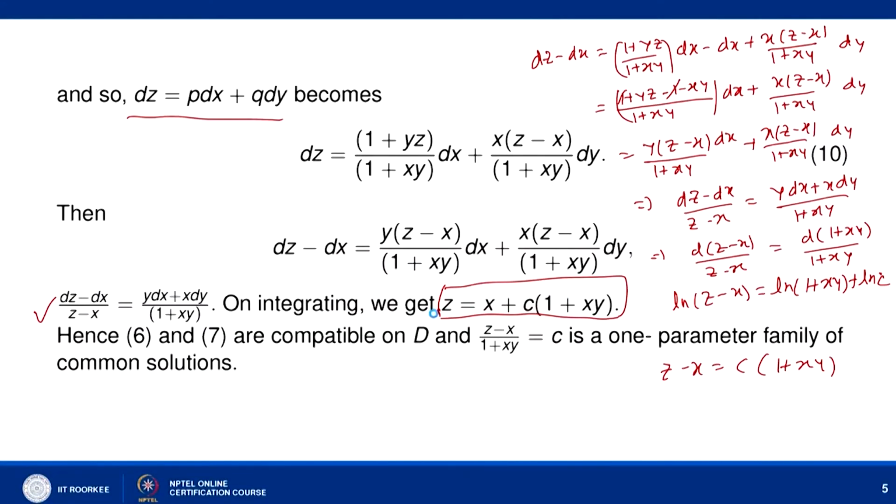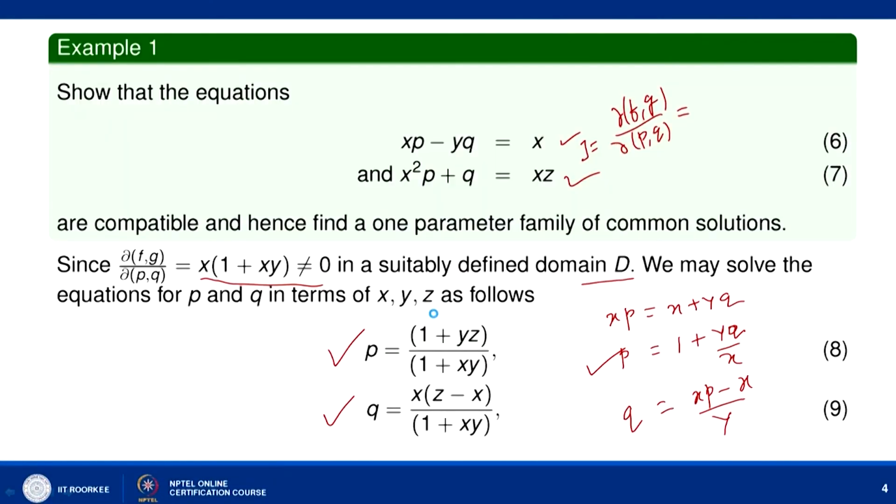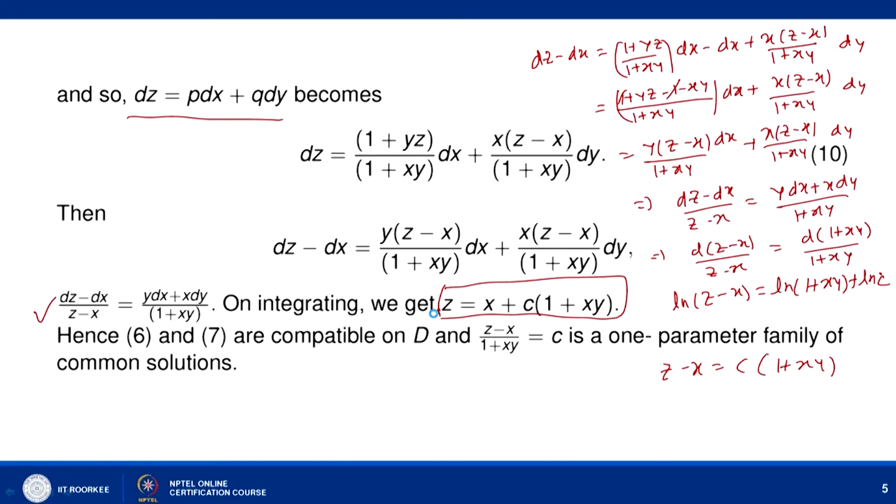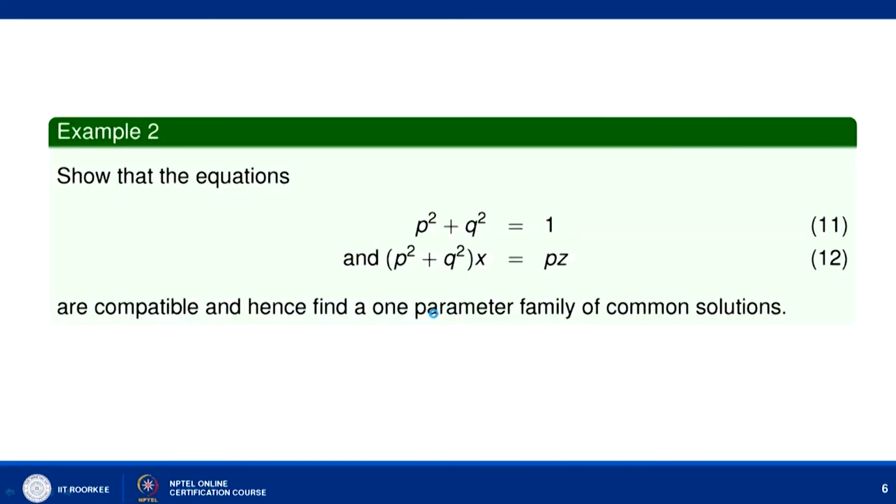Since they have a one parameter family of common solutions, we say that our equations f and g, which we have written here as xp minus yq equals x and x squared p plus q equals xz, are compatible with each other. Similarly, let us consider one more example.